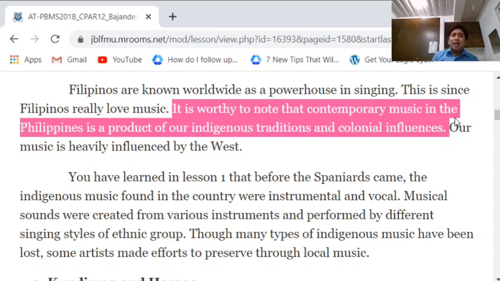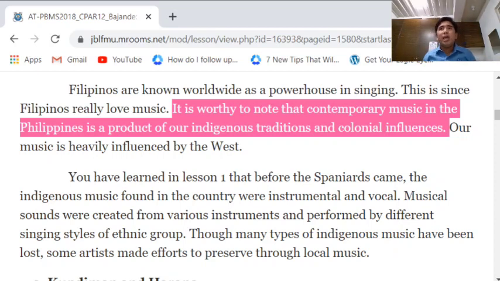Okay? Let's talk about indigenous traditions. This is what we call the katutubo, okay? Or the ethnic groups that play music or have music attached to their lives already.